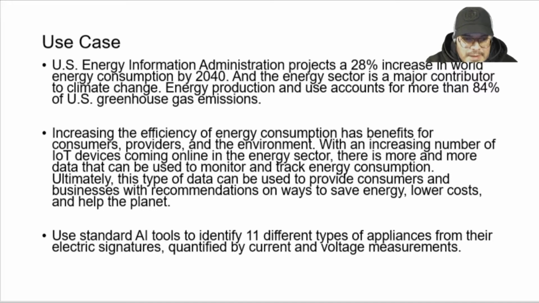So we have to find different ways of doing that, so that we can provide consumers and businesses recommendations in order to save energy, lower costs, and help the planet. With that said, in our use case, we need to use standard AI tools to identify 11 different types of appliances from their electric signatures, which is quantified by current and voltage measurements.